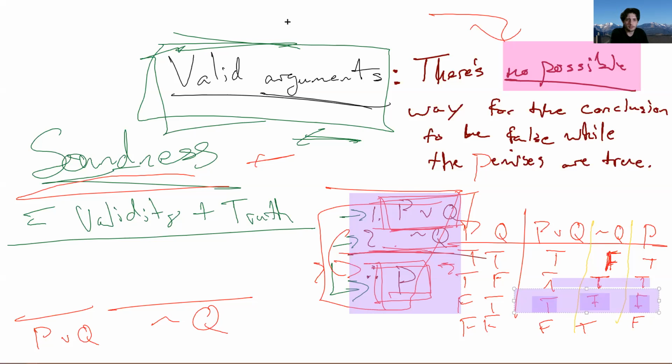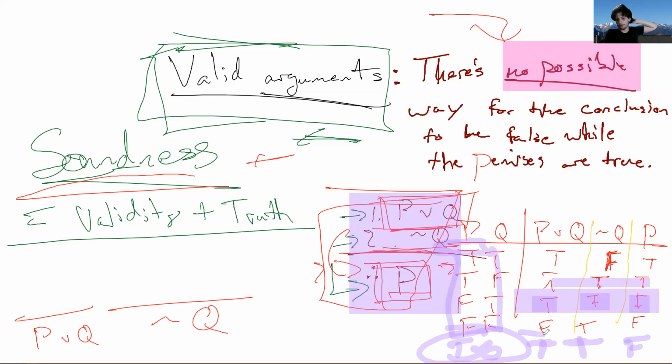So again, let me just make this clear. The only way that this could have ever failed is if it came up looking like T, T, F. That's what would have been an invalid argument. And then you would have looked over here and seen, oh, shoot. So when P is true or something and Q is something or other, there in fact is no world.